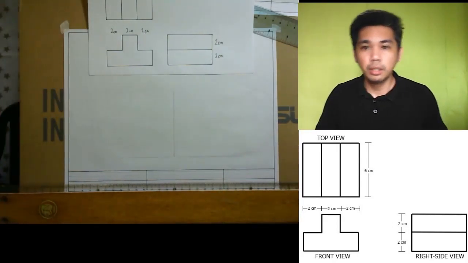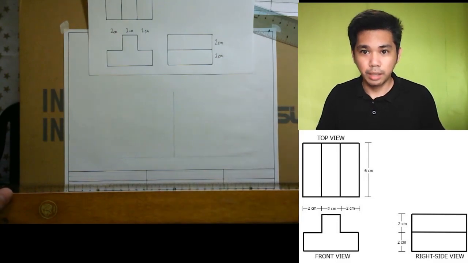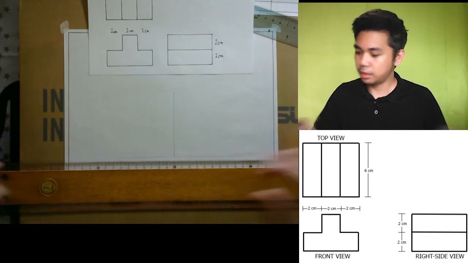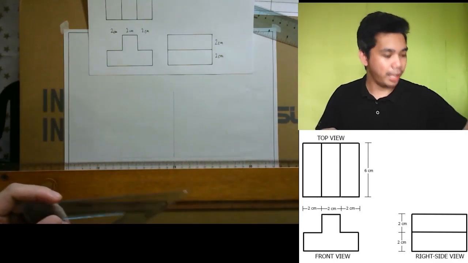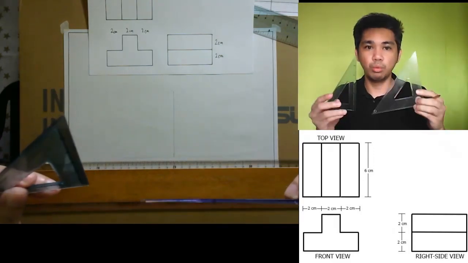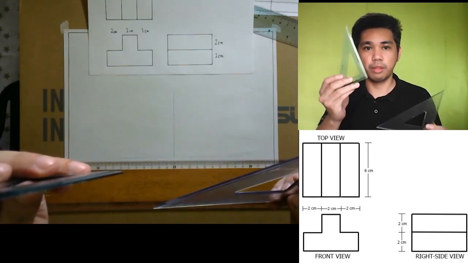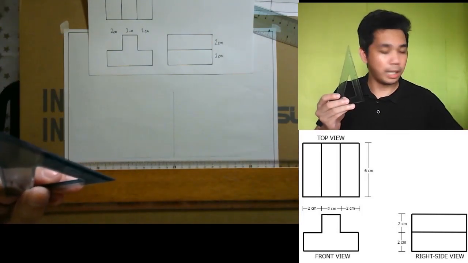Now, since we already know the topmost line, we will create our slanting lines, or the projected 30-degree angle. Now, again, which of the two should we use? A 45 by 45 or a 30 by 60? So I'm guessing you got the answer correct.